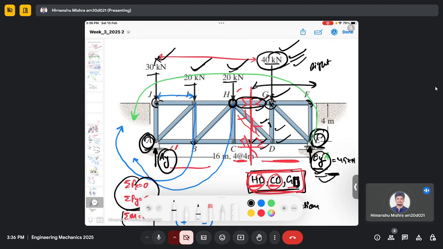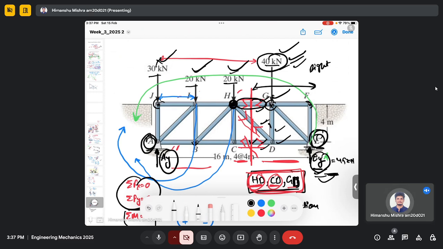So if I choose point H, then the force HG will not create any moment about point H because it does not have a perpendicular distance. And I can say the same thing about force HD. It has zero perpendicular distance, so it will not create any moment about point H. But force EY will create a moment about point H. You can see it has a perpendicular distance. Let me just erase a lot of things here.